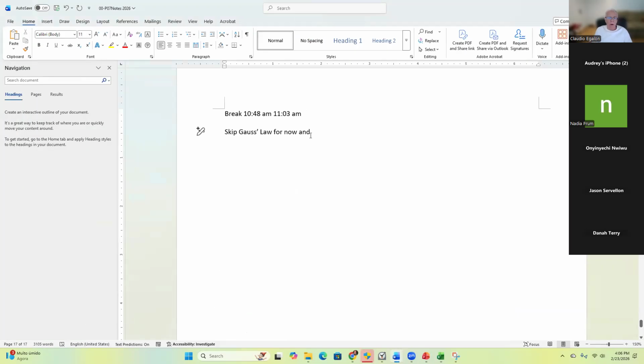Skip Gauss's law for now and start talking about the electric potential. That's chapter 19, and we're doing that because we need it for the lab. Then we go back to the electric field.